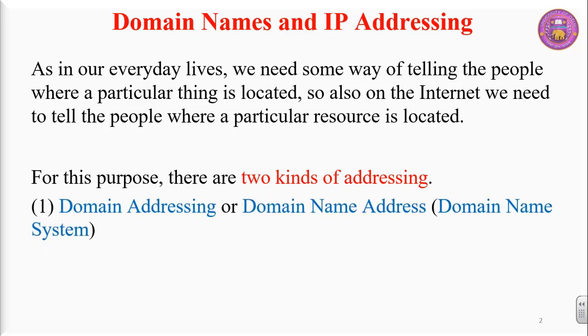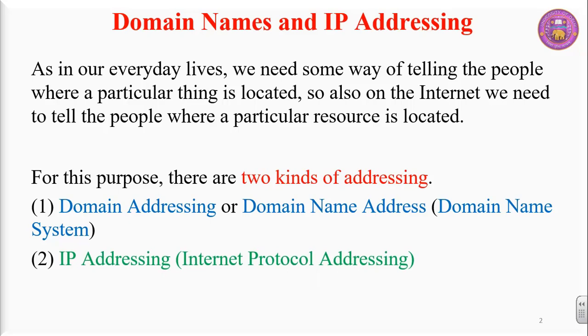The first one is domain addressing or domain name address or domain name system. Second is IP addressing or Internet Protocol addressing. These are the two types of addressing which are available to us.